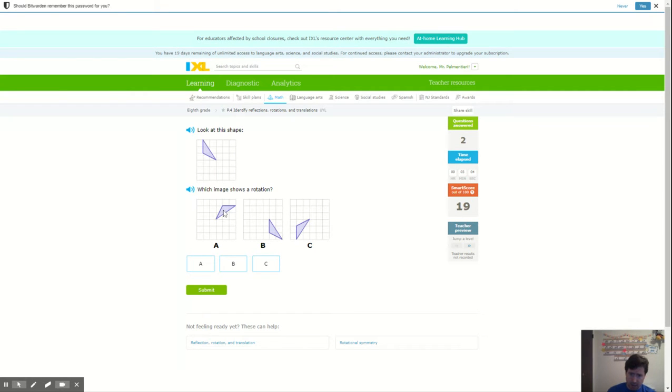I see that kind of with A. Honestly, I believe the answer is A, because if I imagine a 90-degree rotation, it's going to look like what we see here, where we have one part of the triangle and then it goes down to there and then over here. It definitely looks like it's going to be A.